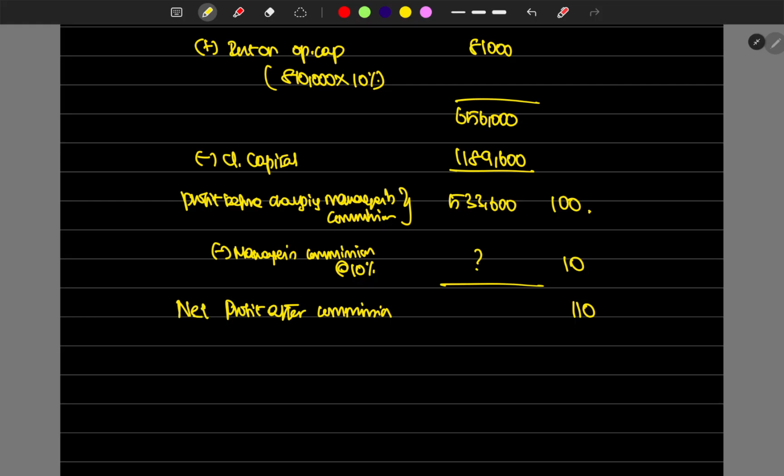Okay, so 5,33,600 divided by 110 into 10%, which is 48,509. Then if we deduct this, we get 4,85,091 as the profit.